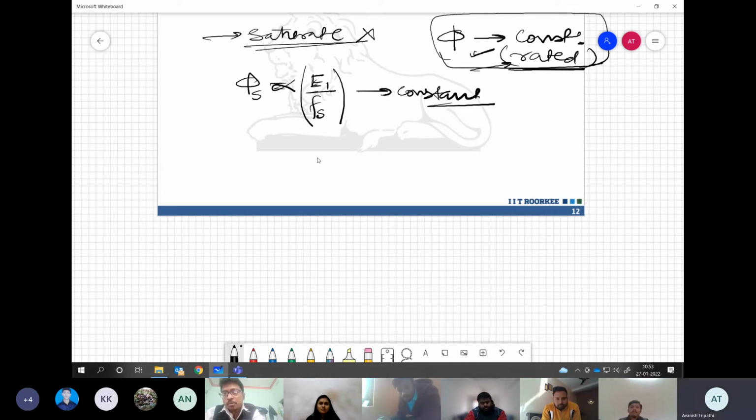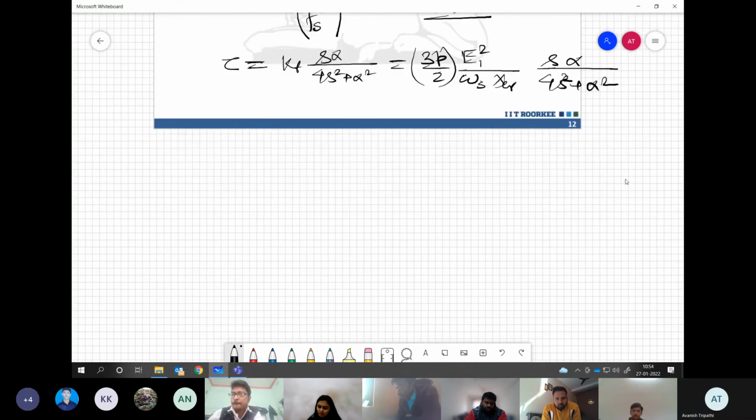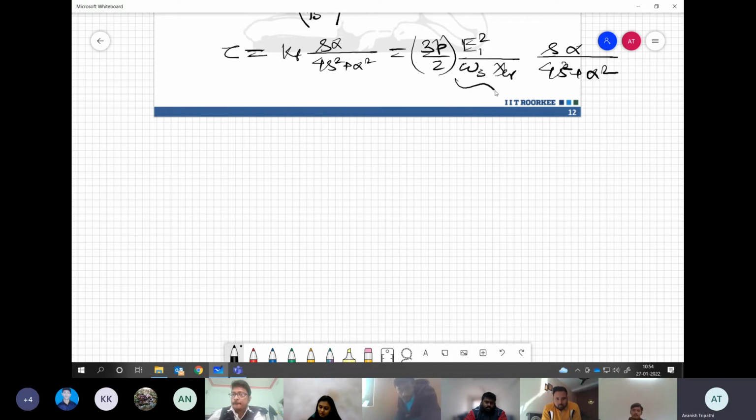What happens to the torque? Let us see first. The torque value, we have seen, is Kt times S alpha by 4s square plus alpha square. What is Kt basically? 3p by 2 times V1, or to be a little bit more accurate, E1 square by omega s XLR, and then this expression whatever is there. Understanding my point? So in this term, XLR is basically omega s into LLR.